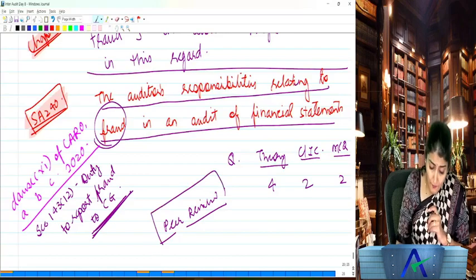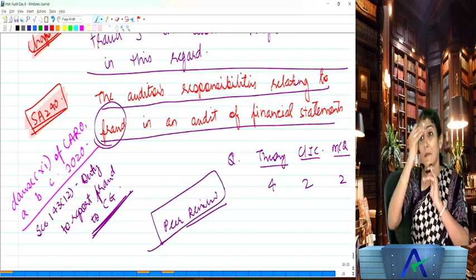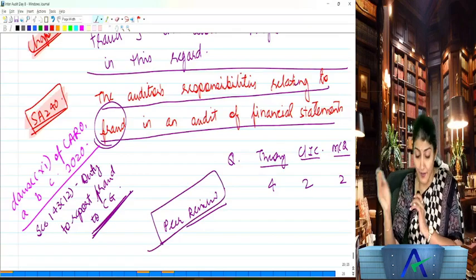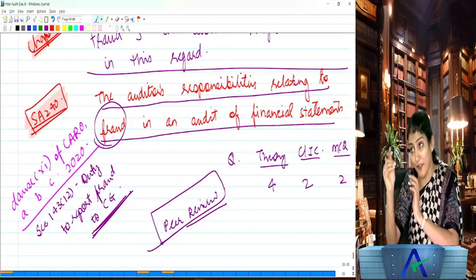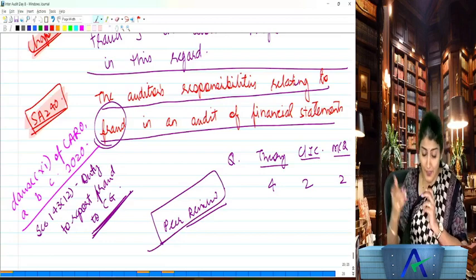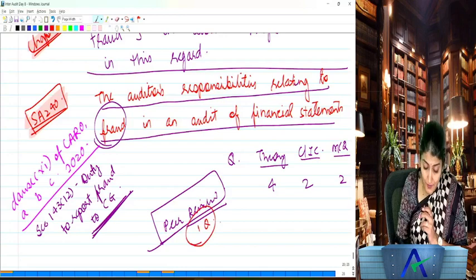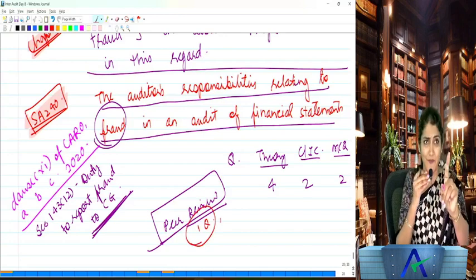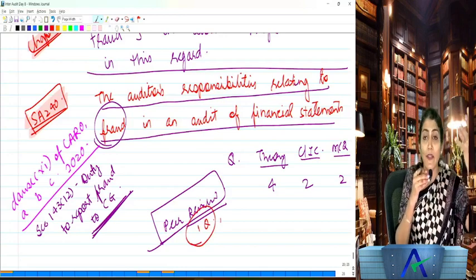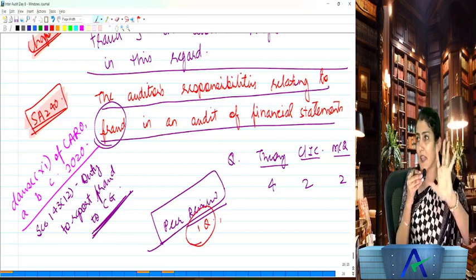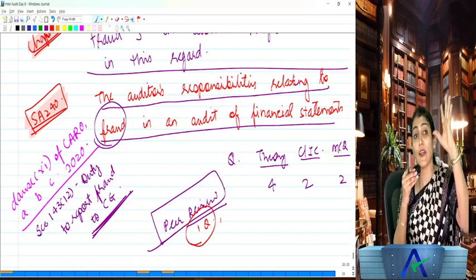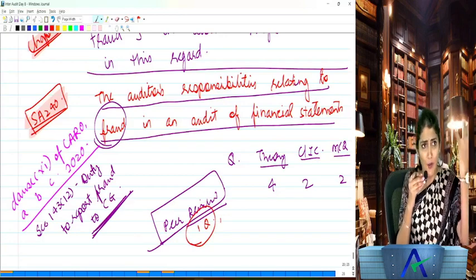In CA Final also, it is 30 marks MCQ and 70 marks theory. In the 70 marks of the theory paper, what is the weightage of this chapter? One question. It will not be that every exam has a question on peer review, but if there is, it will be 4 to 5 marks.